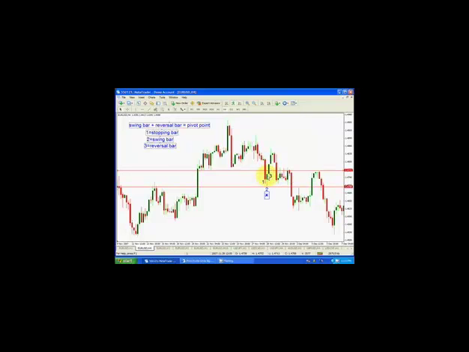After we see that, we know price will continue up, most likely until it reaches the next level of resistance. And that brings us to, where do we place our profit targets?